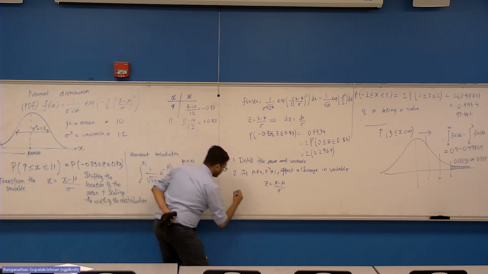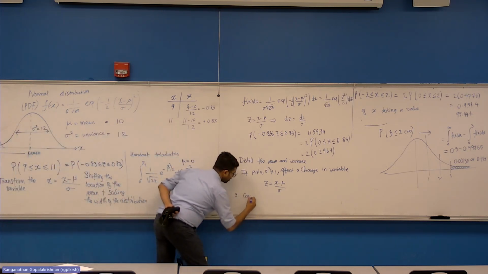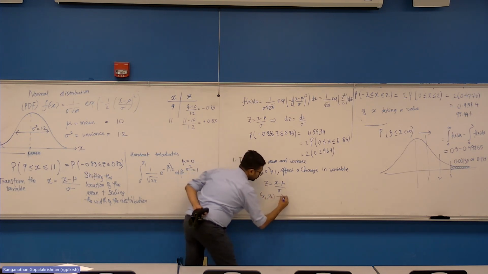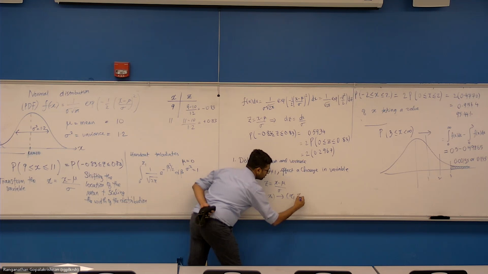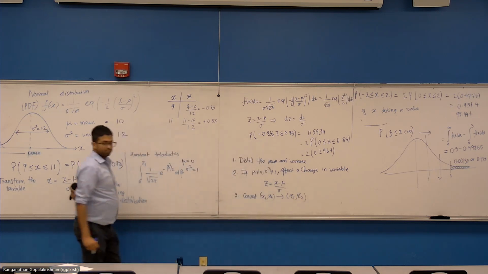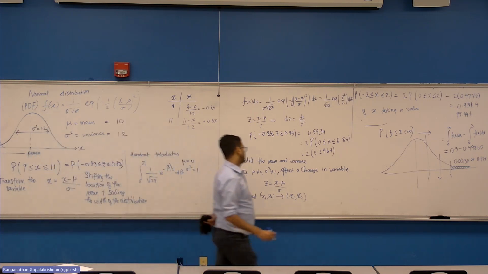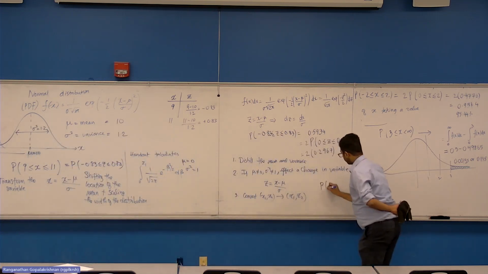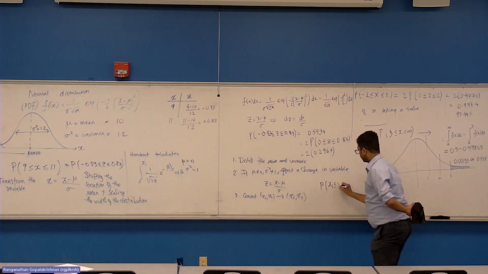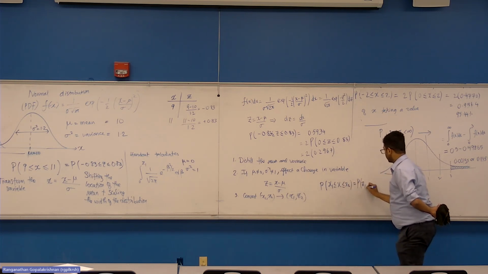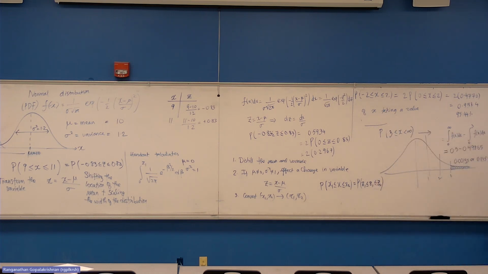Once you effect that change, convert x1, x2 to z1, z2, x1 being the lower limit and x2 the upper limit. That is, the probability of x1 less than or equal to x less than or equal to x2 is the probability of z1 less than or equal to z less than or equal to z2. Exactly what we did here.